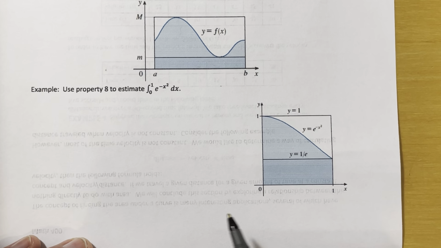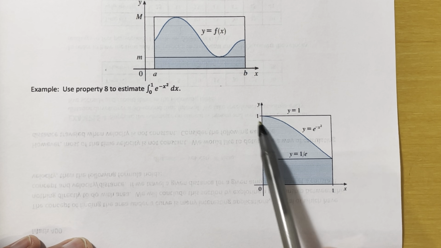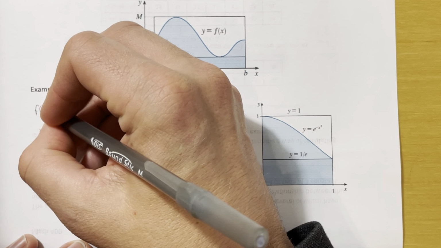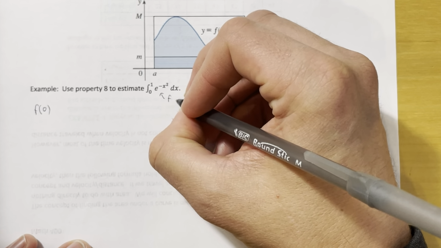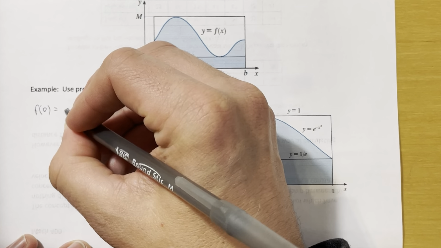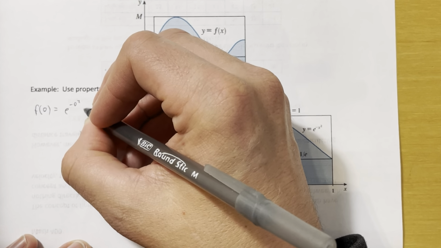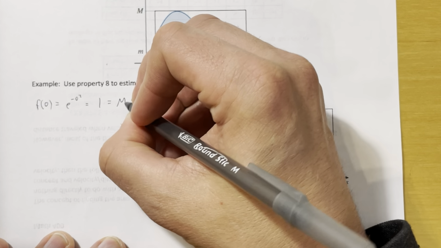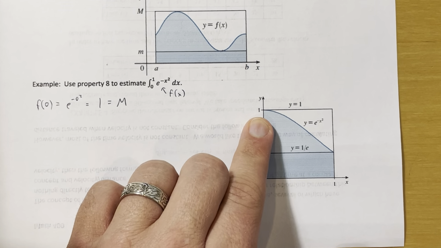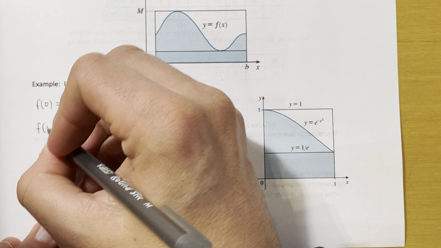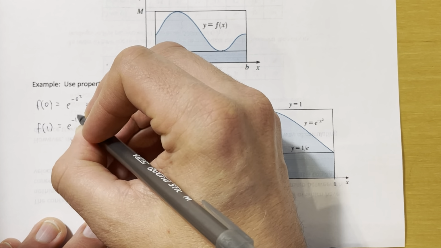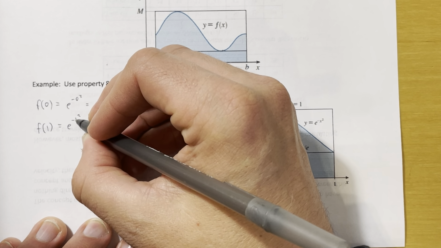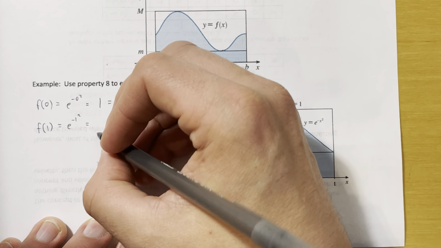So what is f of 0 and f of 1? Well, f of 0, if I'm calling this f of x, is equal to e to the negative 0 squared, which is equal to 1. And that would be my absolute maximum. f of 1 is equal to e to the negative 1 squared, and that's not negative 1 squared, it's 1 squared, and then I make it negative.